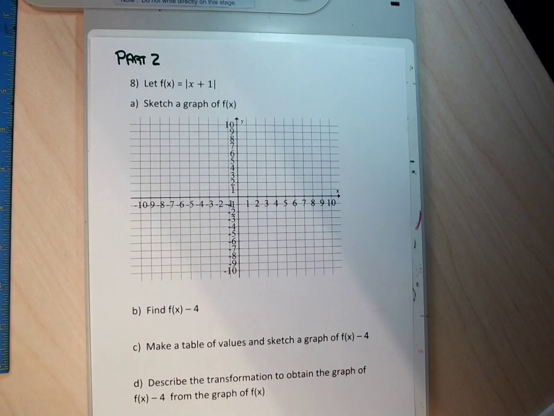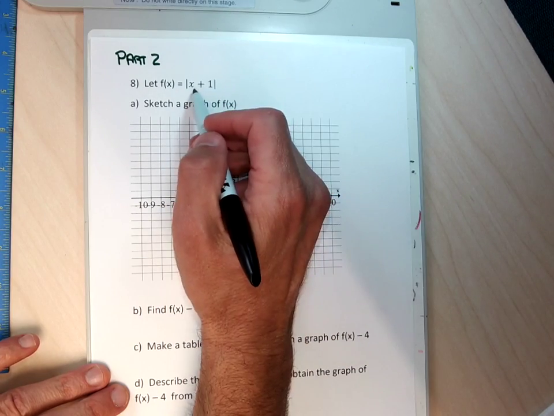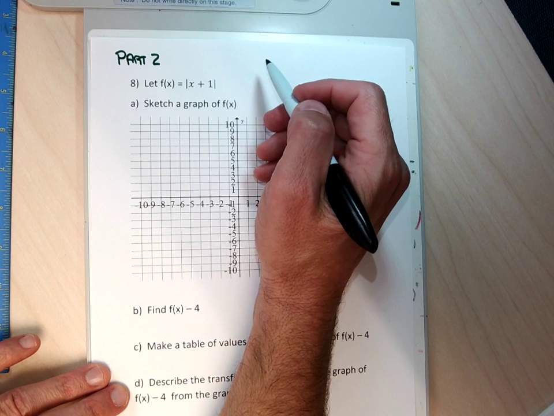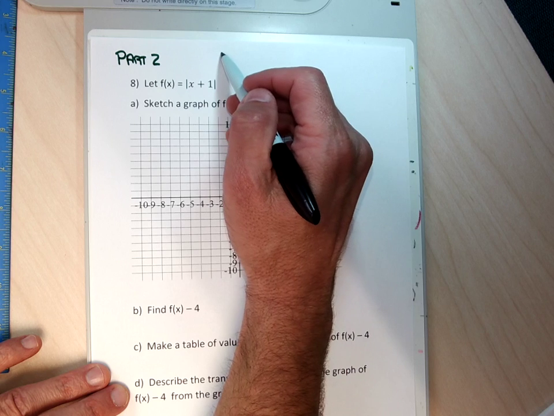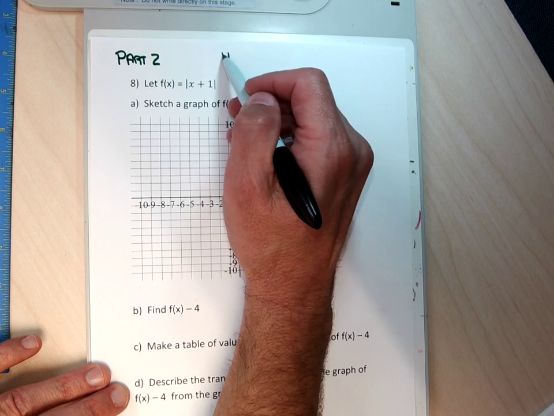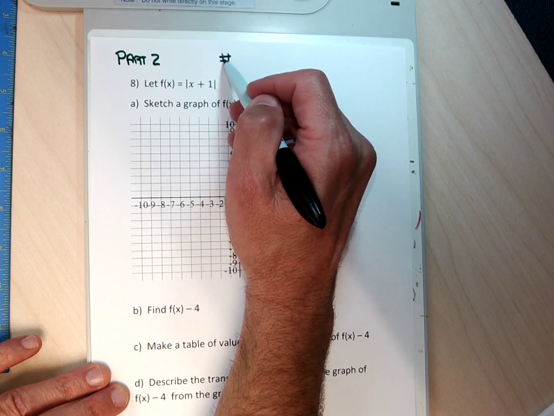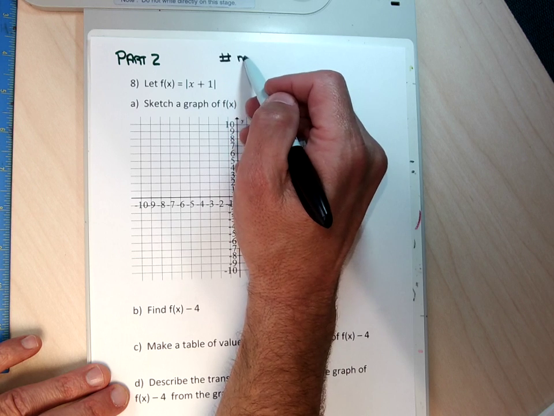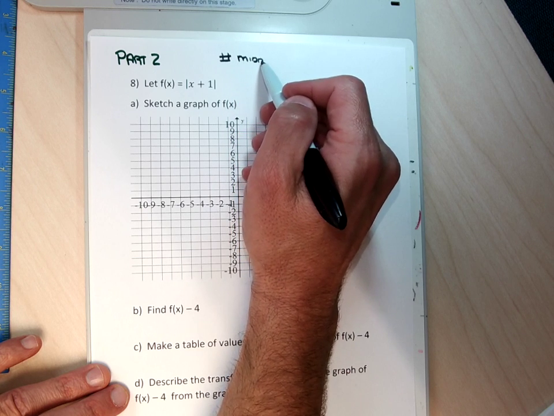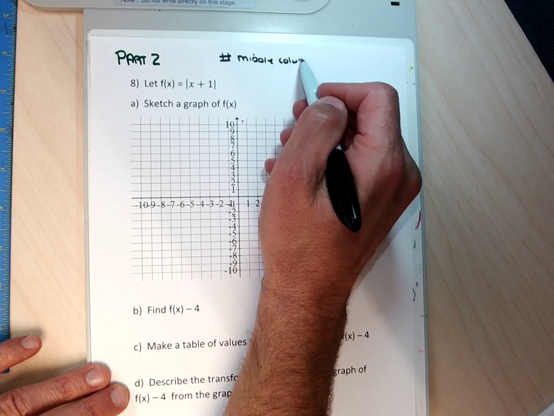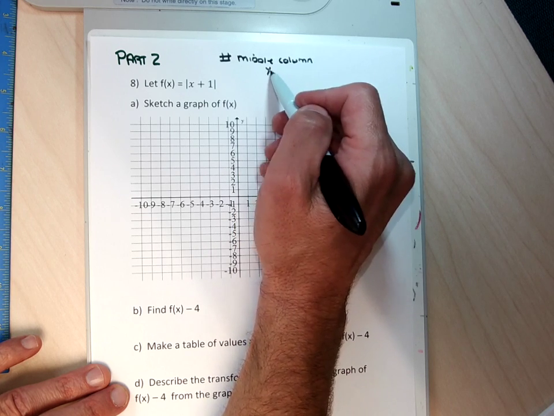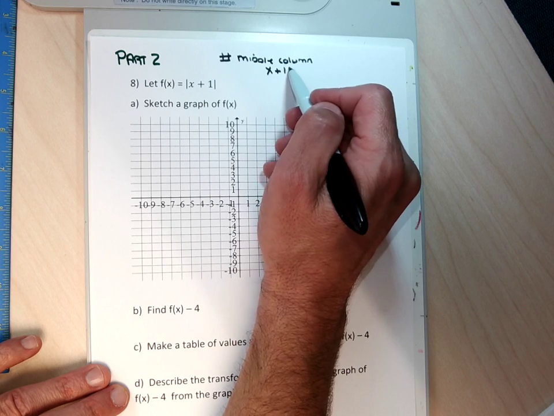In this case, it's f of x equals the absolute value of x plus 1. For this graph right here, I'm not going to use the table -2, -1, 0, 1, 2. To figure out the number for the middle of my x column, if I'm asked to graph an absolute value function that's not just the absolute value of x, that comes from solving the radicand, the argument of the absolute value, equal to 0.